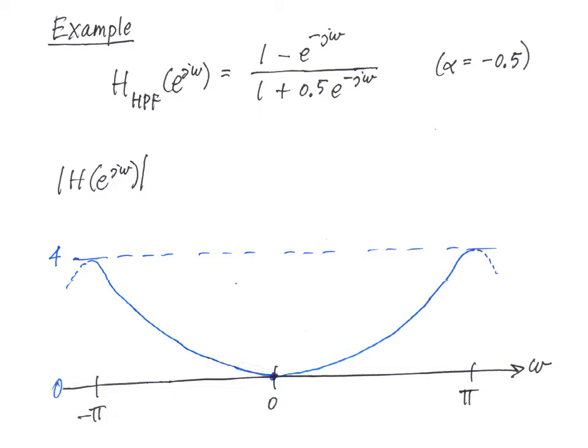So this has the high-pass filter shape, looking over the range 0 to pi, where pi are high frequencies, the highest possible frequencies, and 0 is the lowest. You see that it attenuates low and boosts high, so it has a high-pass filter shape.